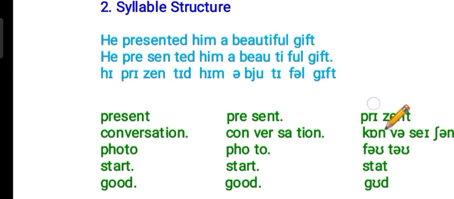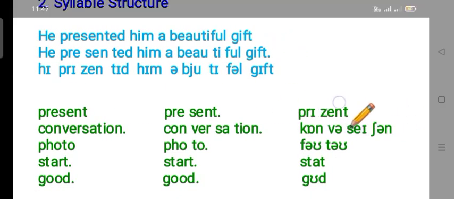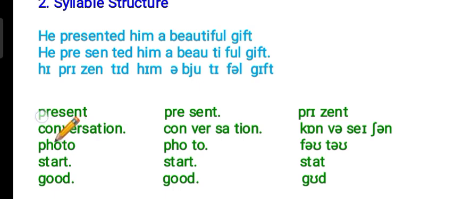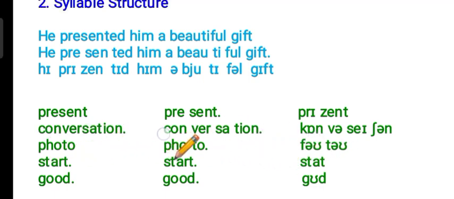Or the word photo, we can break it down into 2 beats. And not all words can be broken down into beats. For example, the word start, we cannot break it down into beats. Or the word good, we cannot break it down into beats.